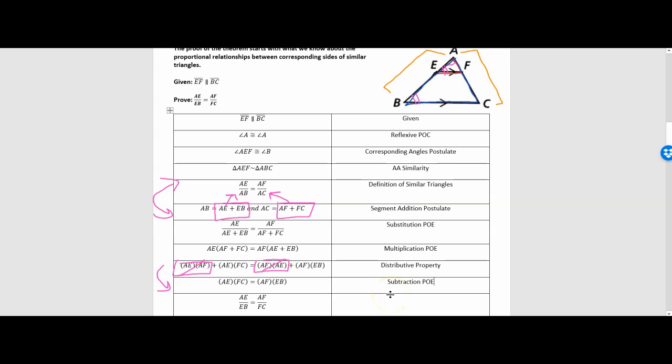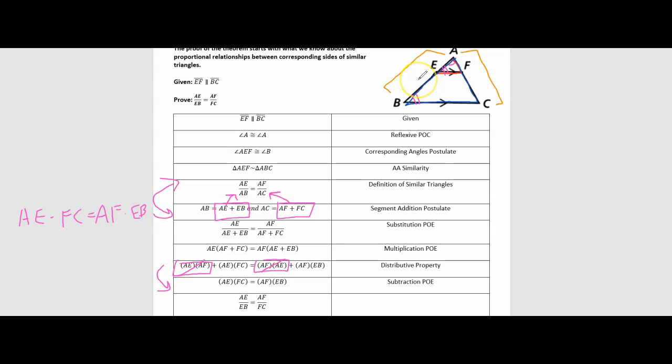And then finally, it looks like they divided both sides by a certain product. Let me show you. It may not be obvious right away what they divided both sides by, but let me show you here. So they have AE times FC is equal to AF times EB.